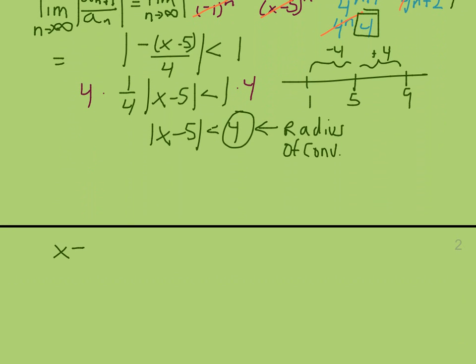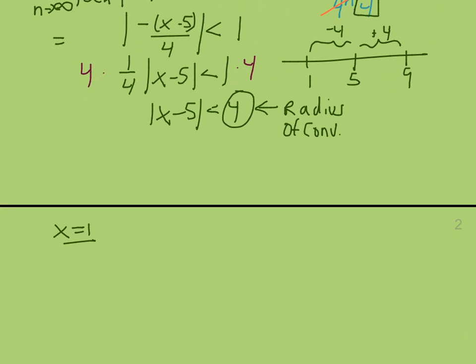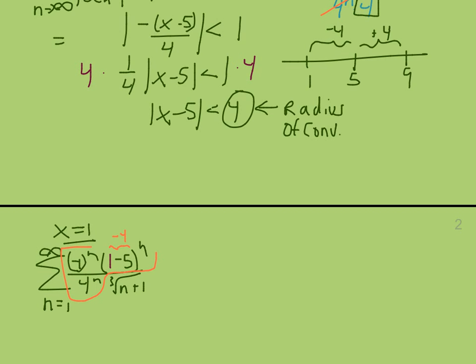At x equals 1, we're going to have the summation n equals 1 to infinity, negative 1 to the n, and we're going to plug in a 1 into the x minus 5 to the n. That's all over 4 to the n, and we have the cube root of n plus 1. And all of this here will combine, this guy being a negative 4.